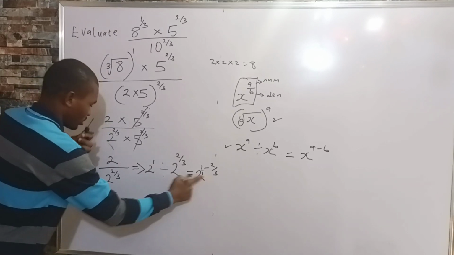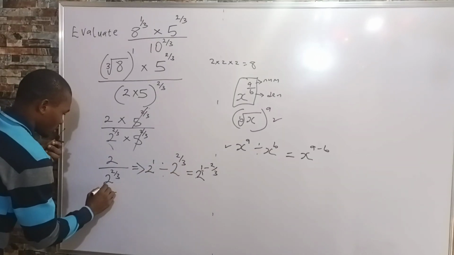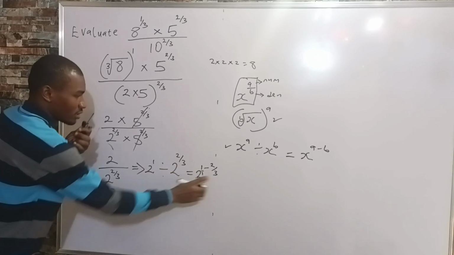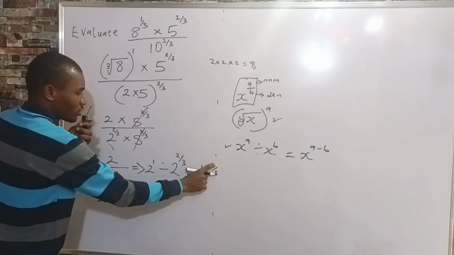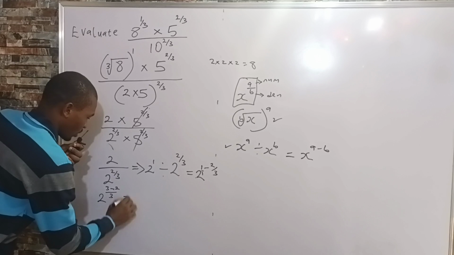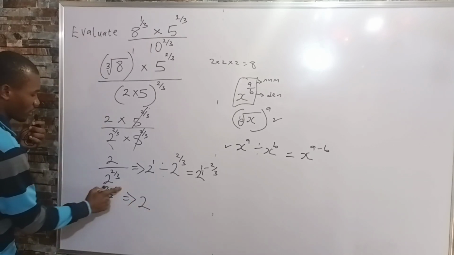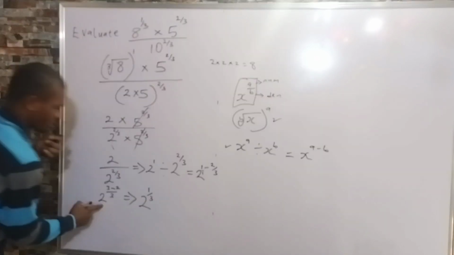Such that 3 divided by 1 is 3, and 3 multiplied by 1 is 3. Then I put minus. Then 3 divided by 3 is 1, and 1 multiplied by 2 is 2. And this implies 2 raised to the power of 3 minus 2, which is 1, all over 3.